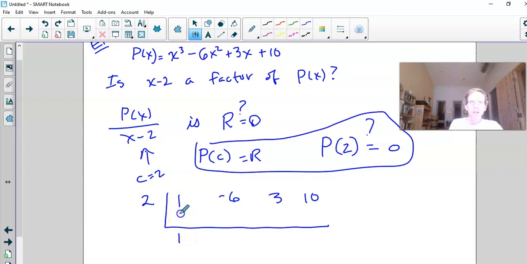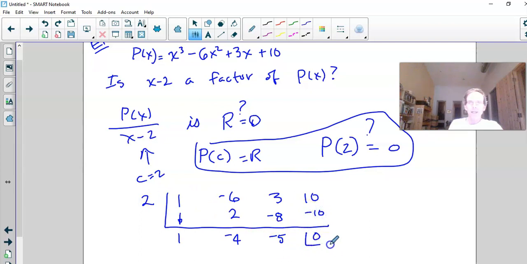We bring the 1 down. Then we multiply 2 times 1 and put the result here, 2. We add negative 6 plus 2 is negative 4. We multiply 2 times negative 4 is negative 8. Then we add 3 plus negative 8 is negative 5. And I'm happy: 2 times negative 5 is negative 10.